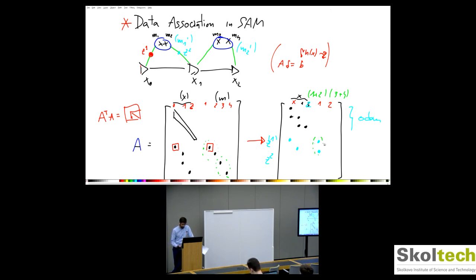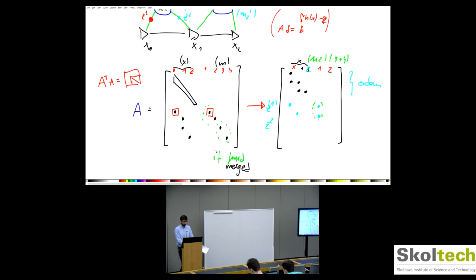So by sketching the graph, it's very easy to undo any wrong data association. Before we were saying that once you add new information, there's no way for you to go away. It's not true, because now you need to relinearize things, but you don't have any prior information from wrong associations from before. So you can undo this very easily.